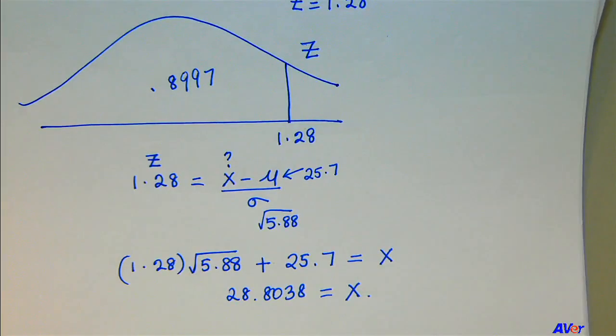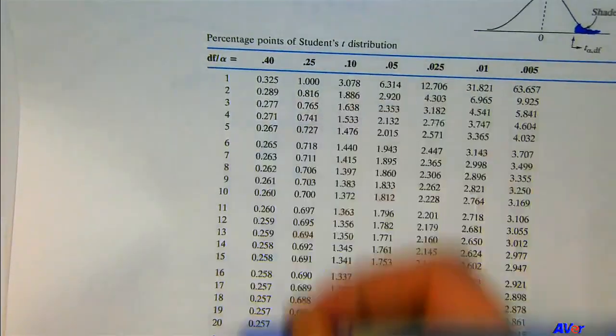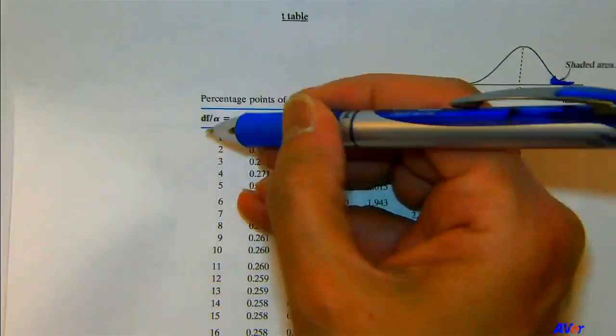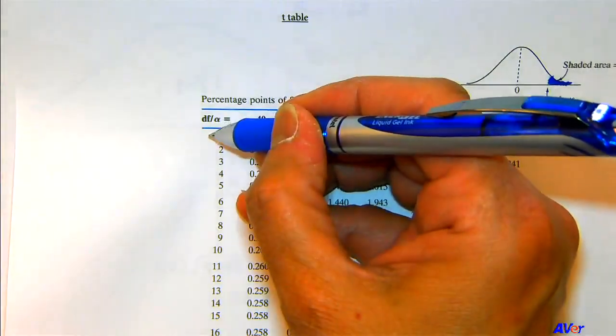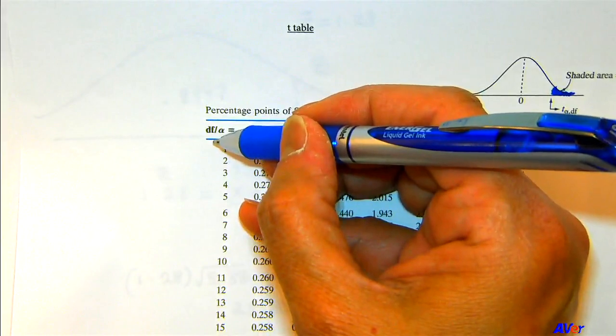So the t curve is based on the number of degrees of freedom, n minus 1. You remember that from the exam 1 material, the Bessel's correction, n minus 1? So these numbers in the margin of the t distribution are n minus 1 degrees of freedom when you're talking about the t curve. And it says here degrees of freedom.